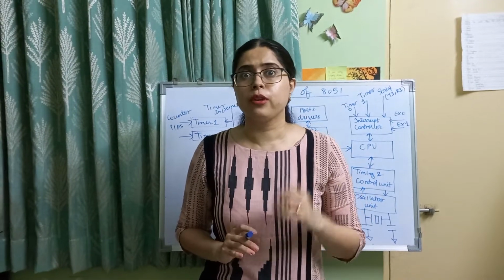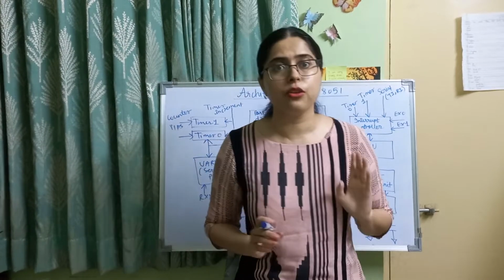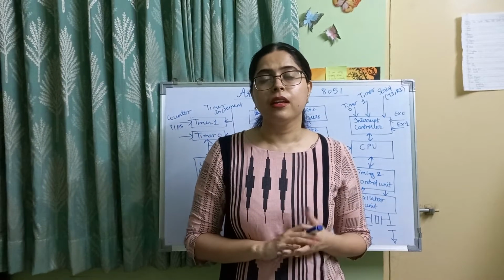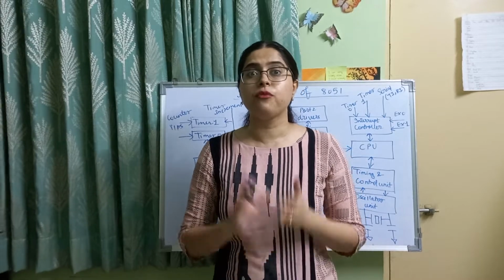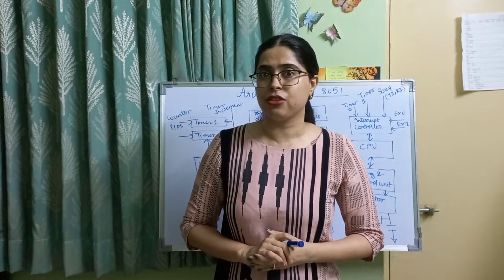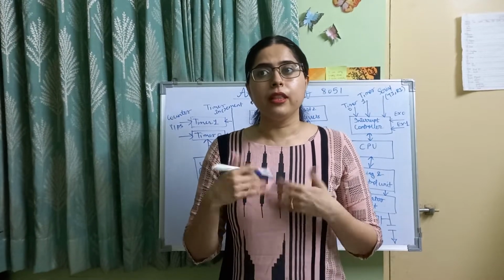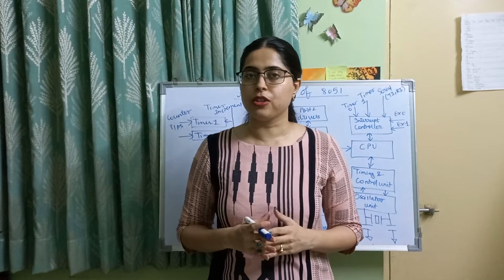Suppose 4 is stored in the accumulator. One data has to be stored in the accumulator. Then 5 is stored in the B register. Then the addition operation, 4 plus 5, is performed, the result is 9, and that 9 is again stored in the accumulator register. Okay, clear? Fine. So in this way, the arithmetic logic unit performs arithmetic and logical operations in the 8051.